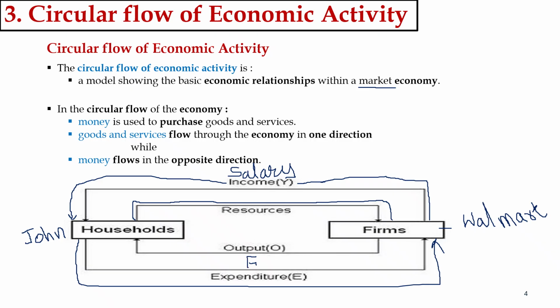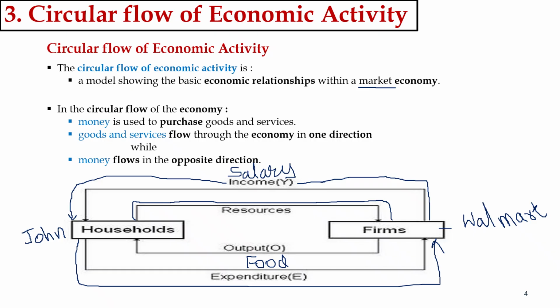So Mr. John will be getting food from the company. So the money which the business is giving to Mr. John for working in the company, this money John will give back to the company. So again you can see money is flowing in the opposite direction. When John pays money to Walmart, Walmart gives him products or services.